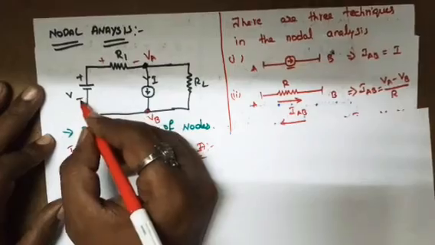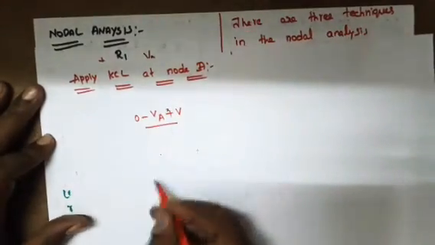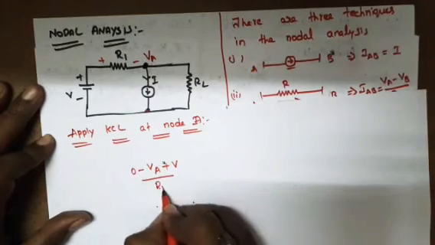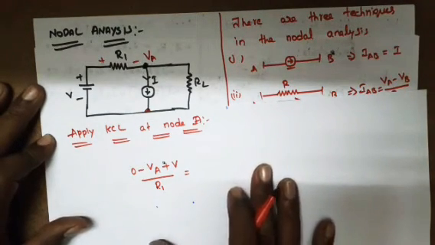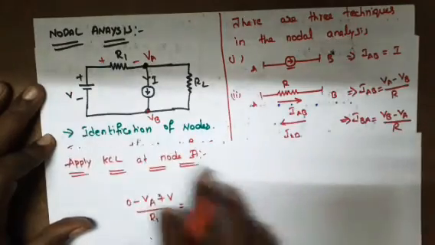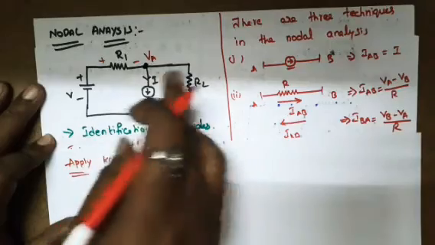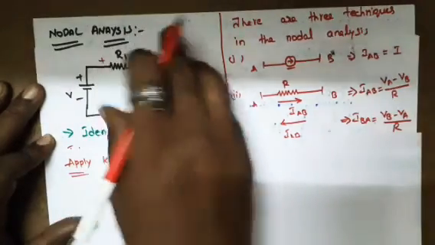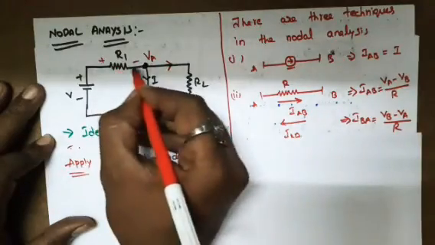Okay, next, what is here? Minus to plus, so voltage rise VA. What is the resistance connected here? R1. What is the KCL statement? The algebraic sum of the currents entering the node is equal to the algebraic sum of the currents leaving the same node. So the current here is entering.